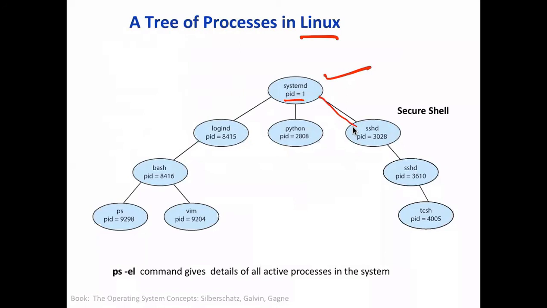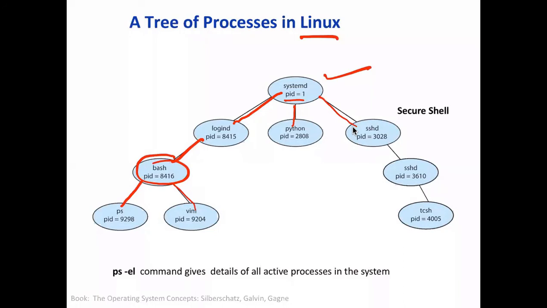We'll study that in the next class. Similarly, a Python process is forked and the login process is forked. From the login process, another process forks the bash process, which in turn forks two processes like ps and vim, and so on. So at any point in time, you can see a large number of processes running, which started from basically one process.